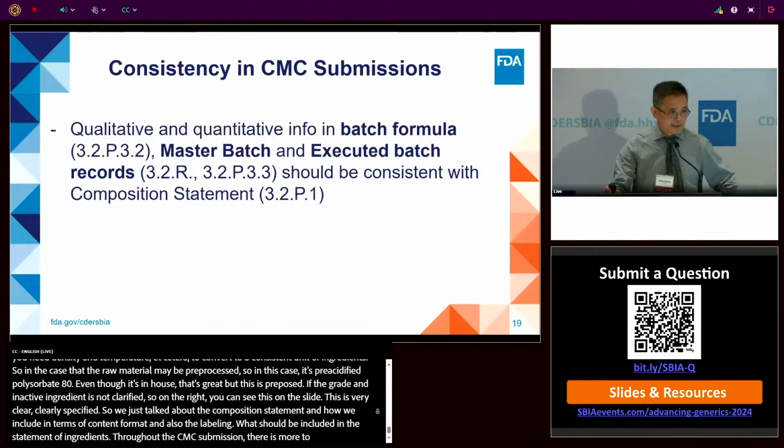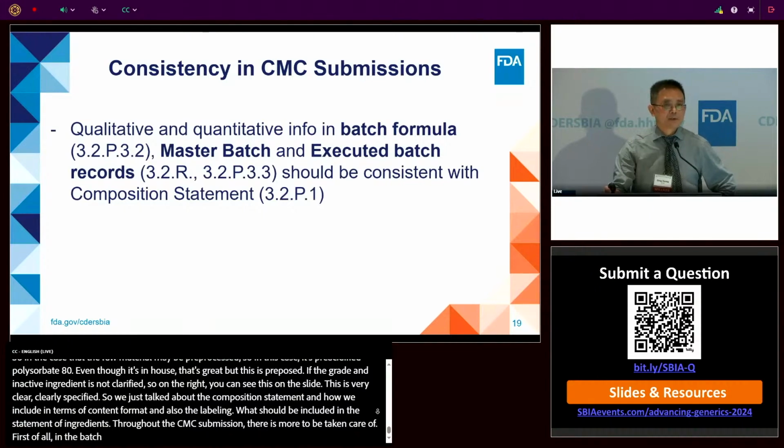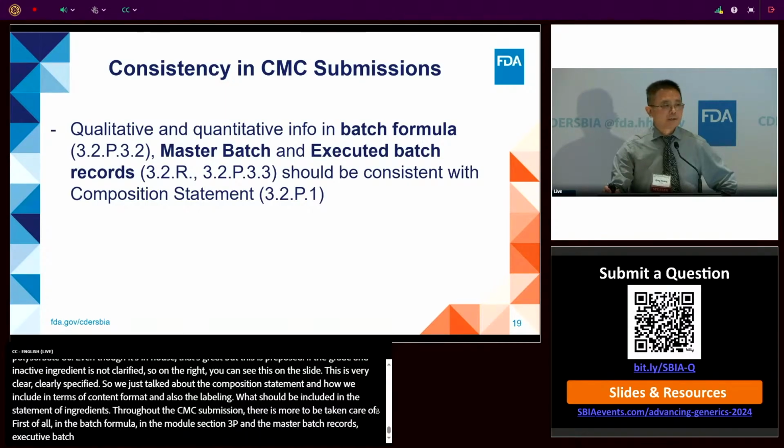First of all, the batch formula in module 3.2.P, section P3, and the master batch record and executed batch records. In the relevant modules, they should be consistent.